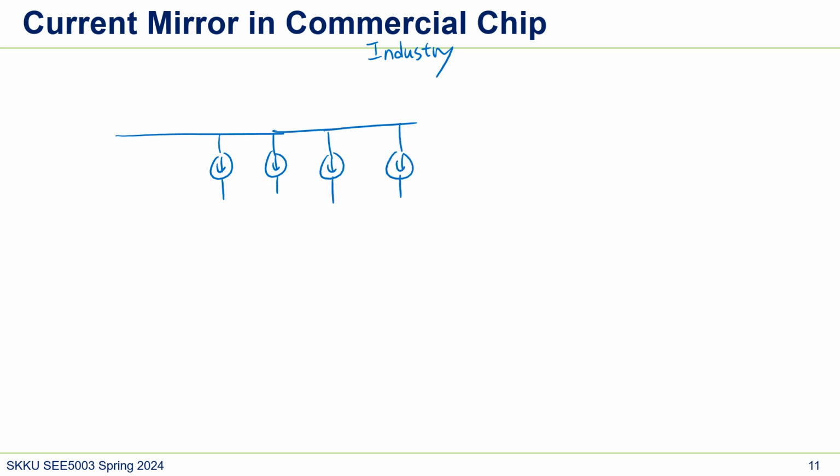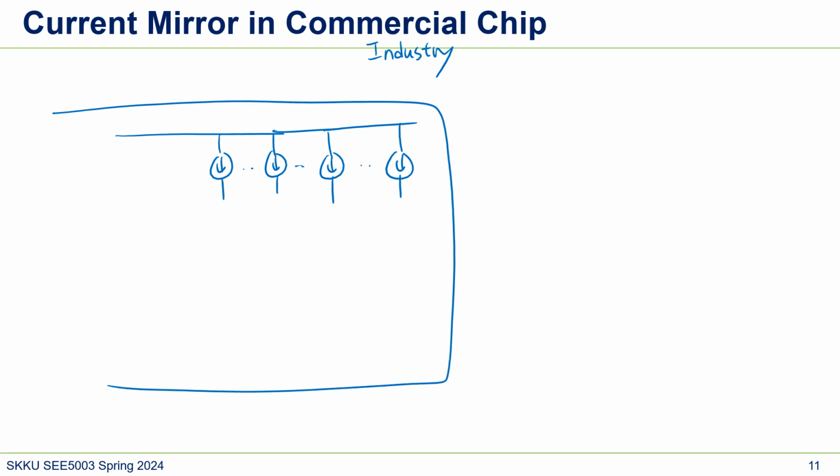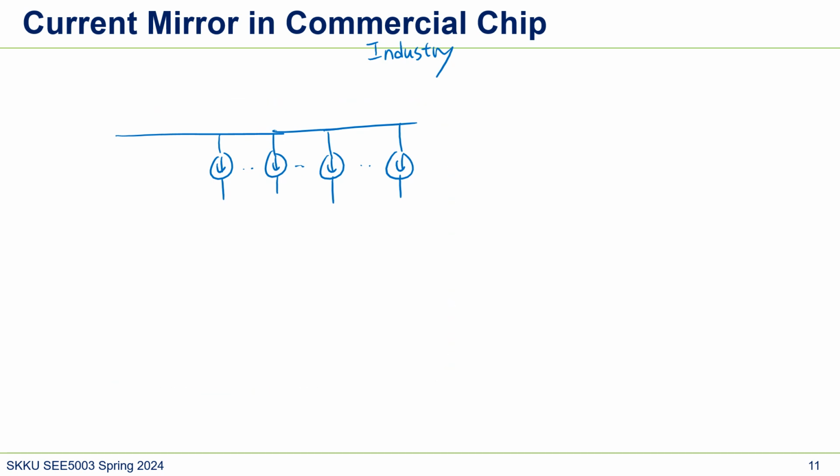Let me talk about some side story. The current mirror in a commercial chip, which means in industry, looks like this. There's a lot of current source array, and we call this block a current bias block.